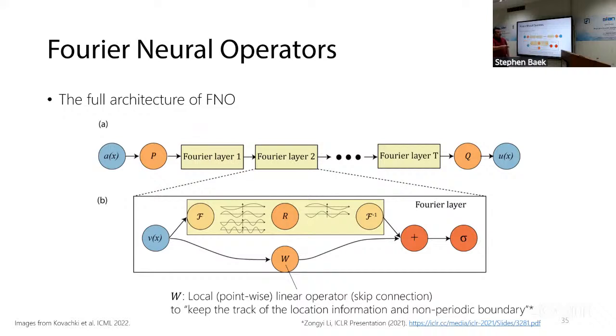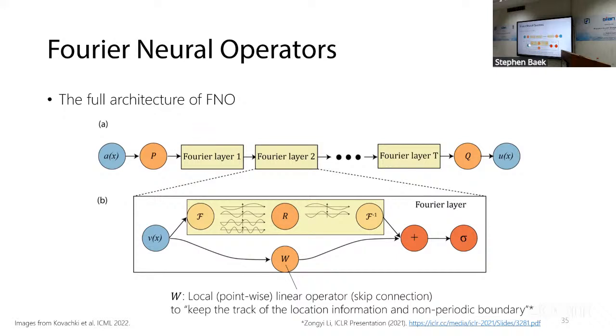And then at the end of the day, we have a post-processing layer Q. And then finally, we produce the final prediction output U. Okay, so a continuous function with an arbitrary discretization comes in, and then a continuous function with an arbitrary discretization comes out. And in each Fourier layer, like we just saw, we have the Fourier transform, linear transformation, and then the inverse Fourier transform.